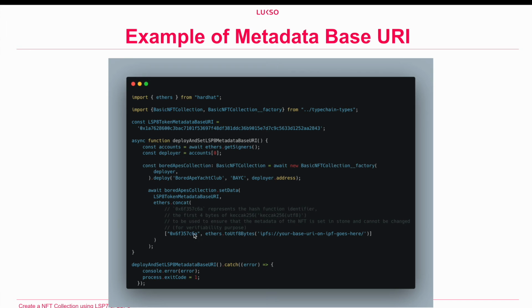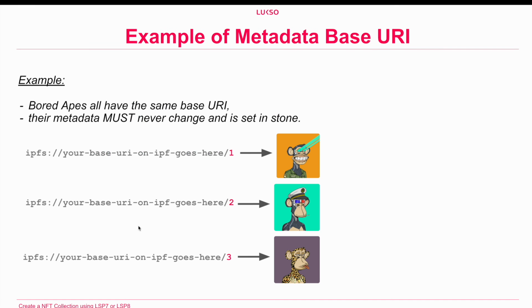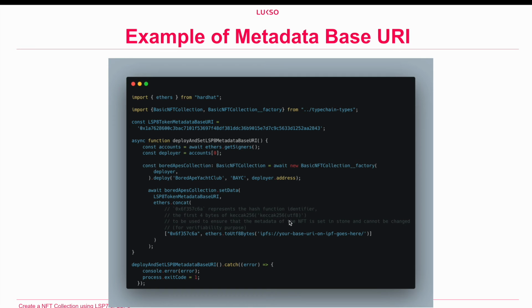As I said, under the LSP8 token metadata base URI, we have a tuple that we defined here. The first value is the first 4 bytes of a hash of the word keccak256 with UTF-8. This is the hash of that, and it is used for verifiability, to ensure that the URL to the metadata we create is verifiable. And then we have the base URI appended at the end.